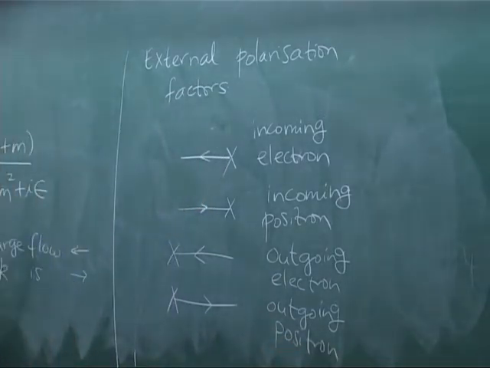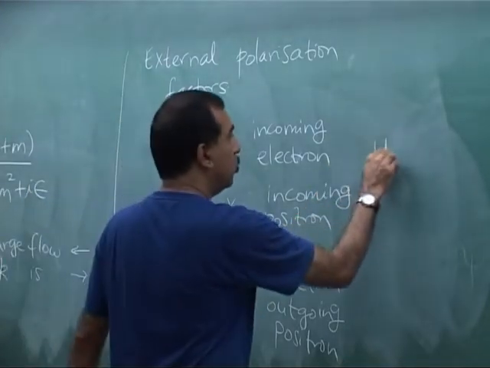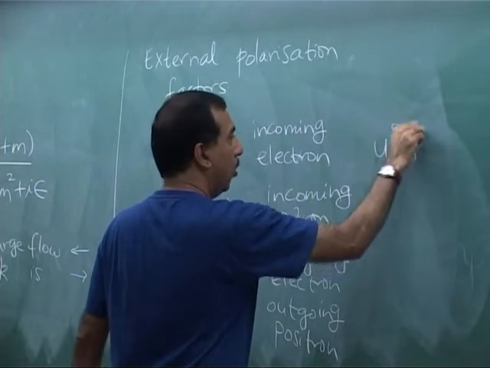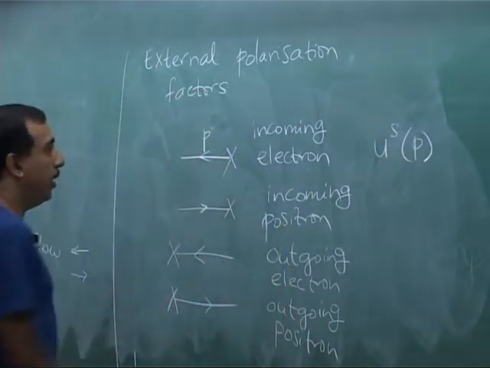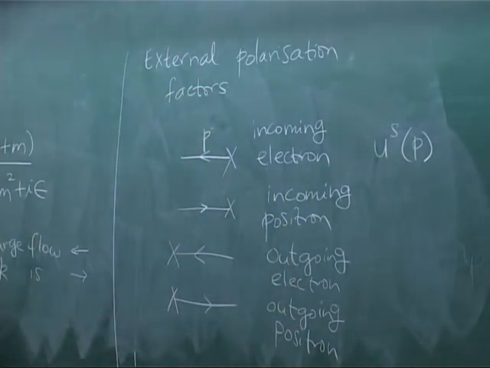Now you remember that these polarizations were given by things which we call u and v, and u bar and v bar. So we need some kind of rule, and the rule turns out to be not completely intuitive. This is u_s of p, where the momentum is p, and it's labeled along that.